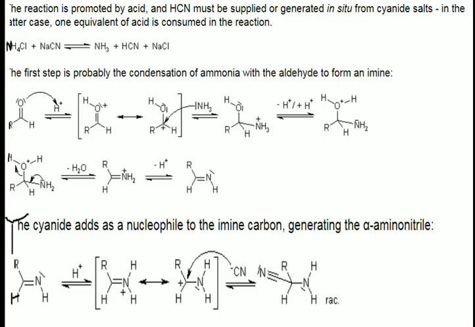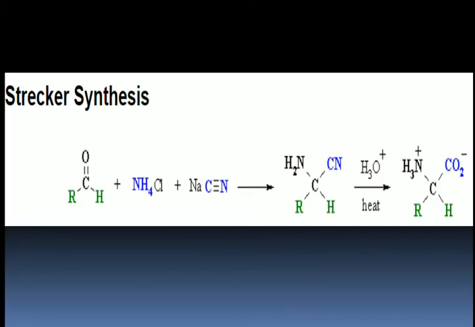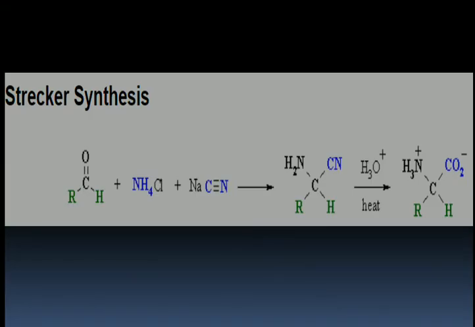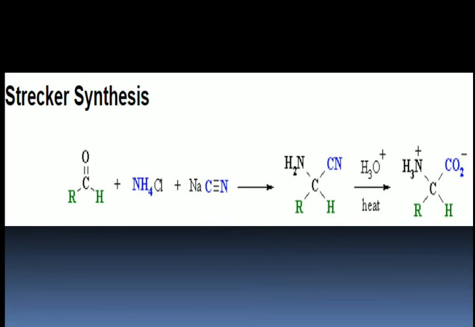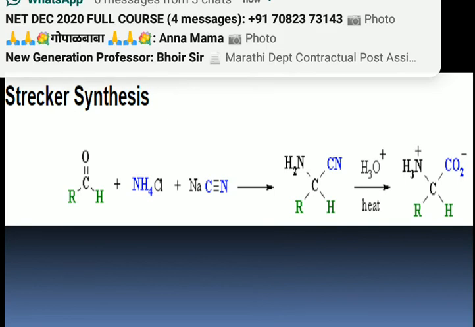In the general reaction, the carbonyl compound, like an aldehyde, is treated with ammonium chloride and potassium cyanide. Here formation of hydrogen cyanide takes place and it gives the corresponding alpha amino nitrile.